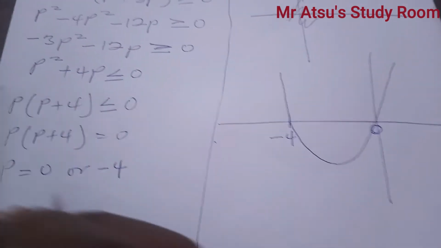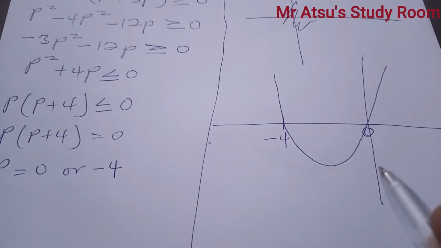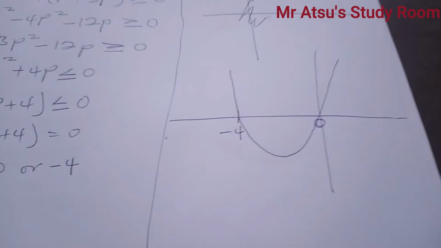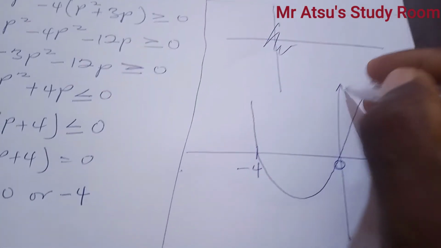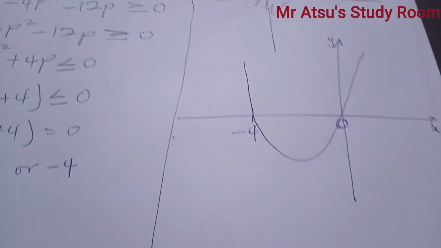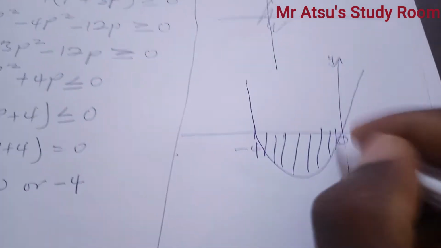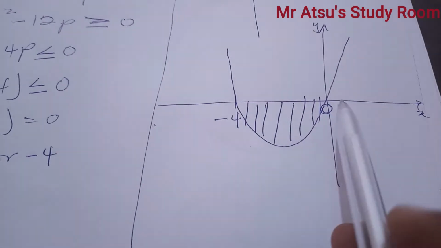That means, because of the less or equal to, you are shading the part of the graph that is below the x-axis. Remember, this is the x-axis and this is the y-axis. So we are shading here. That means our range of values is between -4 and 0.